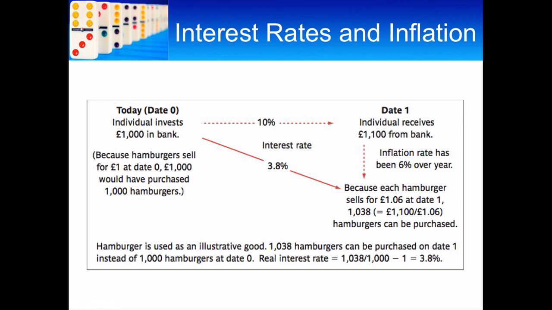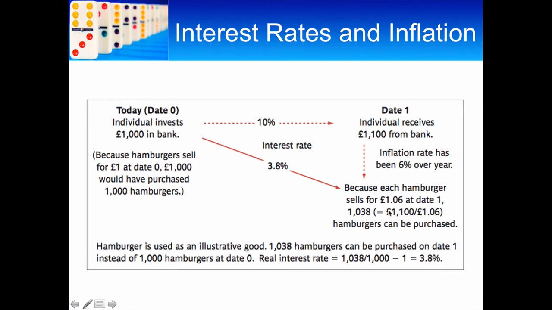So let's look at how we come to the same final point, but go through two different routes. If we're using nominal interest rates, then £1,000 invested in a bank at 10% gives you 1,100. The inflation rate was 6%, so we would discount this 1,100 by 1.06, and that gives us a value of 1,038.